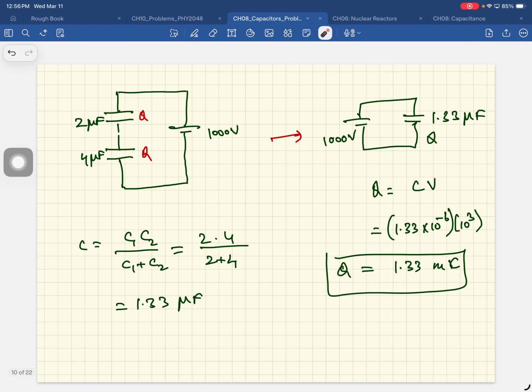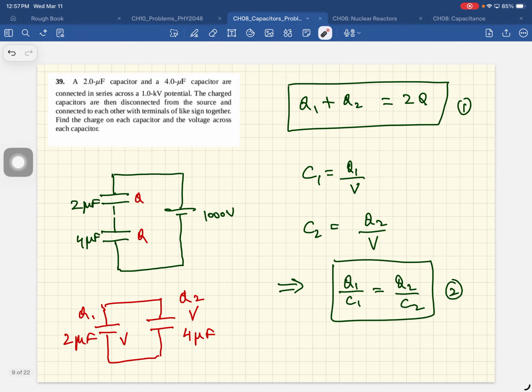So to find this charge, you reduced this to a single capacitor, found the charge on that, and that is the same charge on these. And that charge was 1.33 millicoulombs. So now you know this, you know these, so Q1 and Q2 are the only unknowns, and you solve for that.